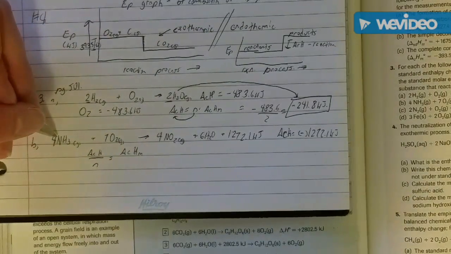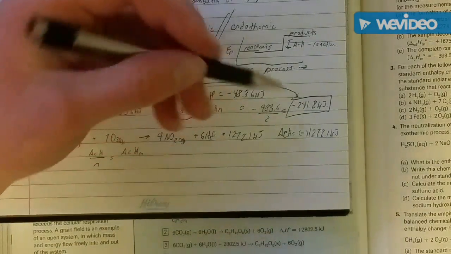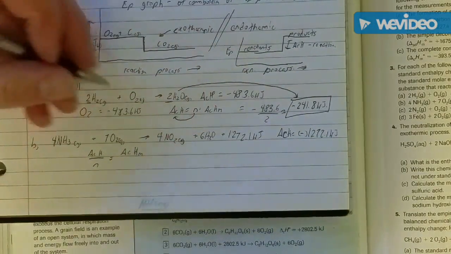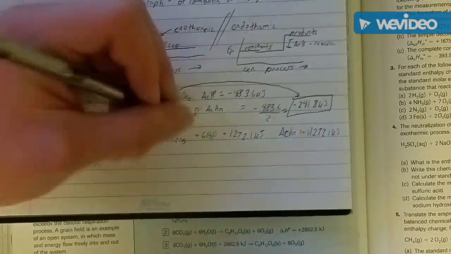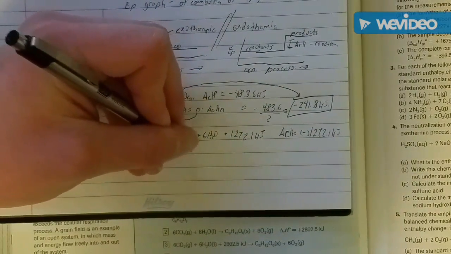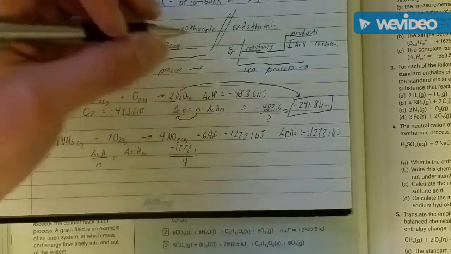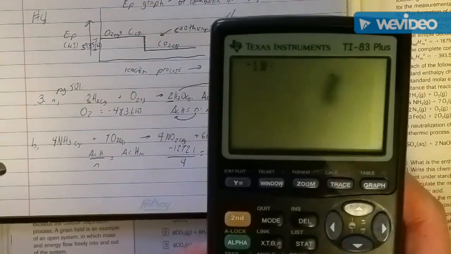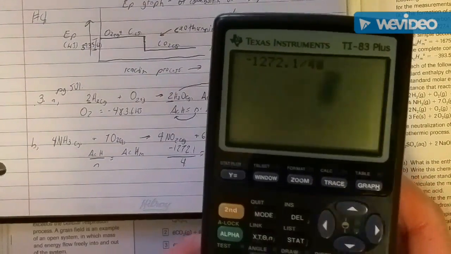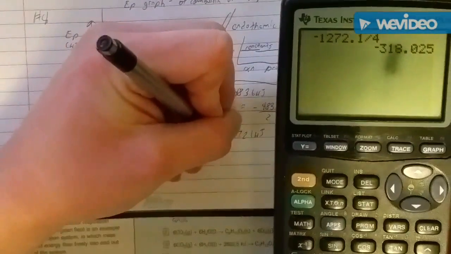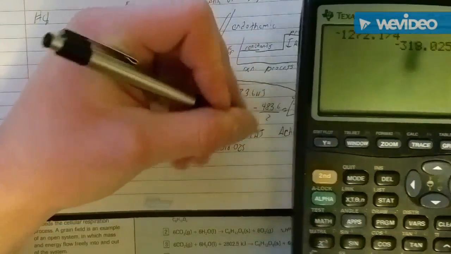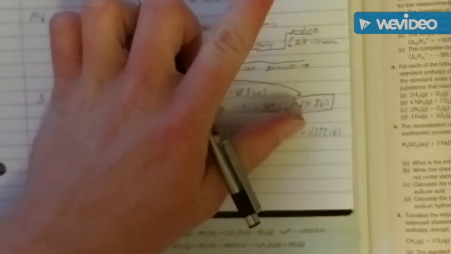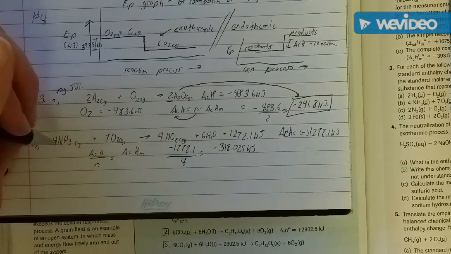So for NH3, we'd go negative 1272.1 kilojoules divided by 4, which is negative 318.025 kilojoules.